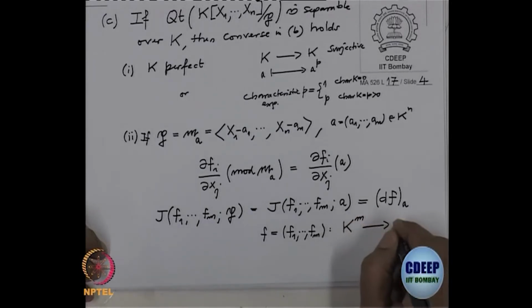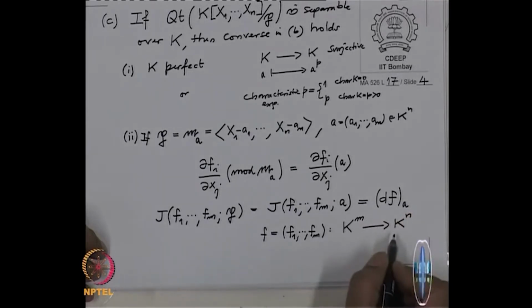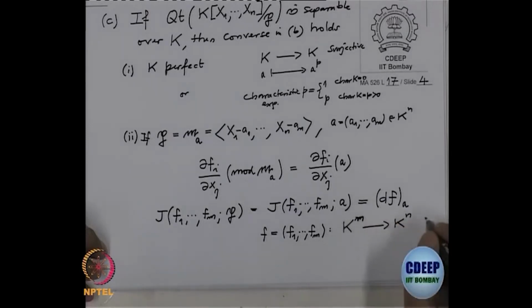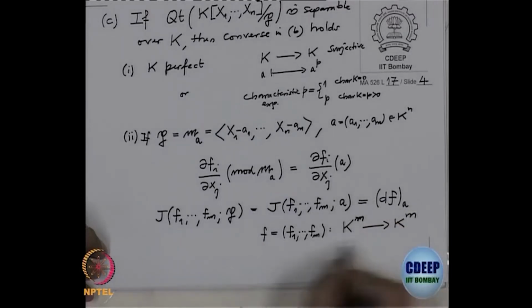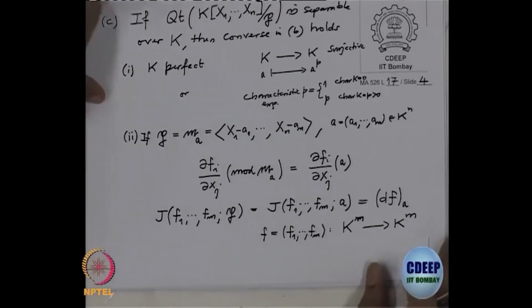This is usually done in real or complex numbers. Then you differentiate, take the total differential and evaluate at the point. The total differential at A is precisely given by this matrix. Okay, so that was it.